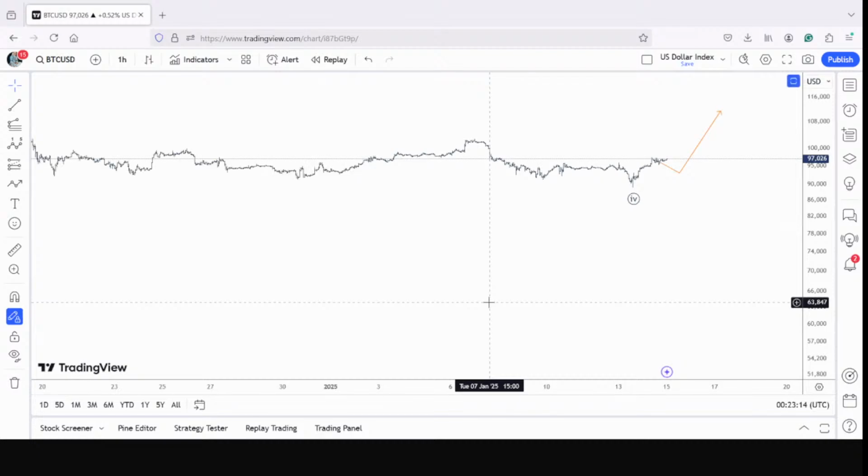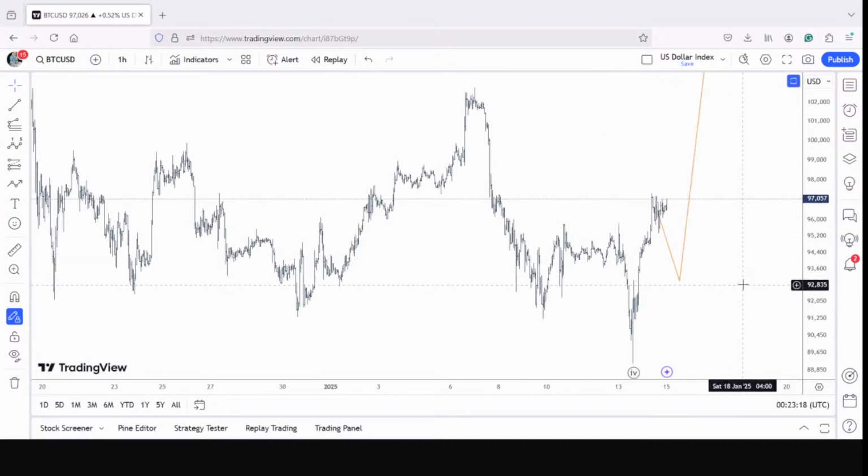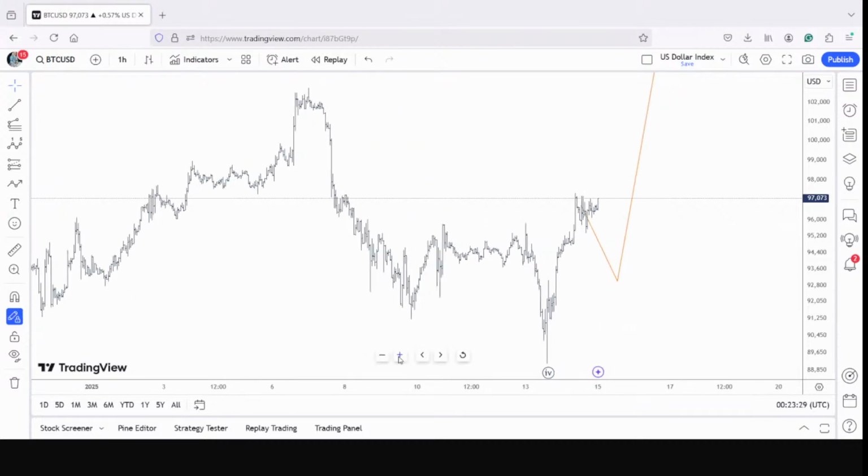So if you're not entered into the trade, don't rush into the trade or go back into the price action. It could be the correction has already begun.